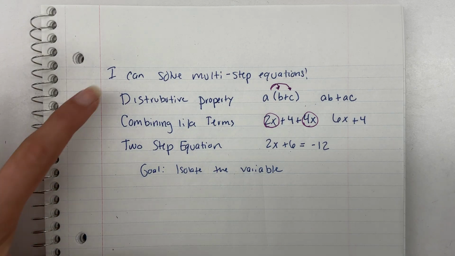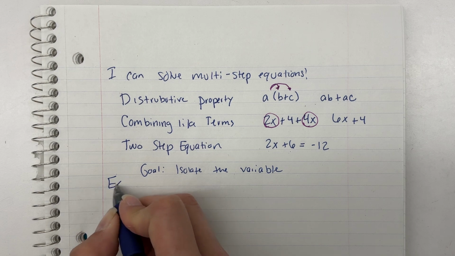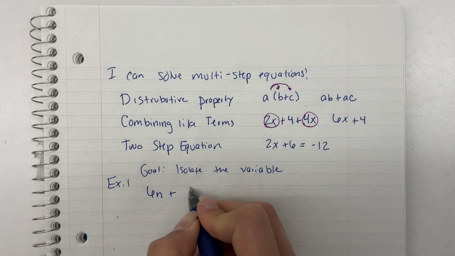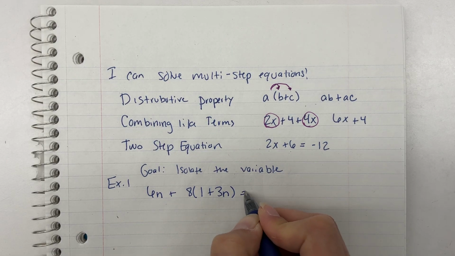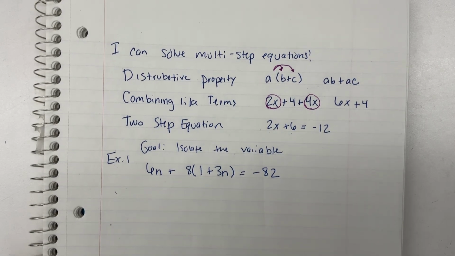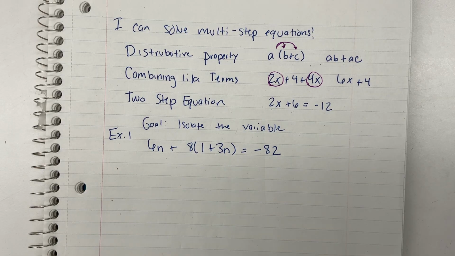But we're going to use all three steps in our equations. So here's our first example. If I were to have 6n plus 8 times 1 plus 3n is equal to negative 82. So I'm going to go through each thing. Distributive property. I want to get rid of these parentheses.